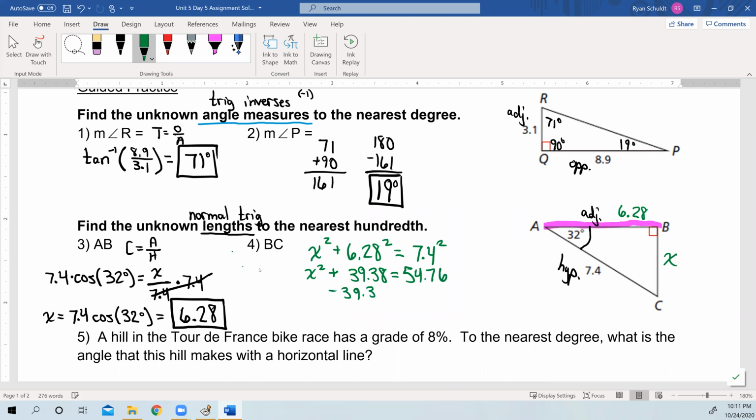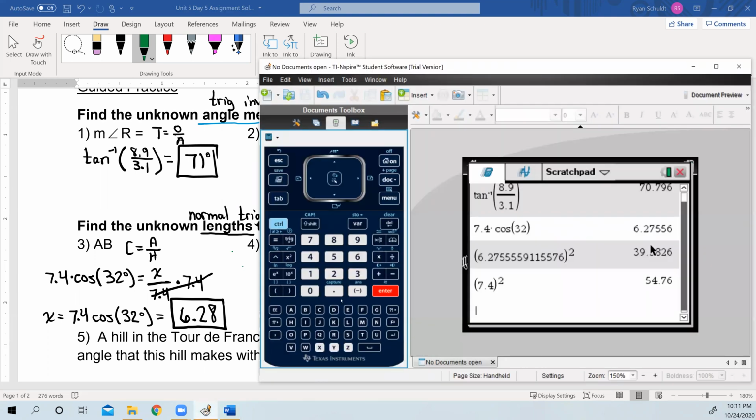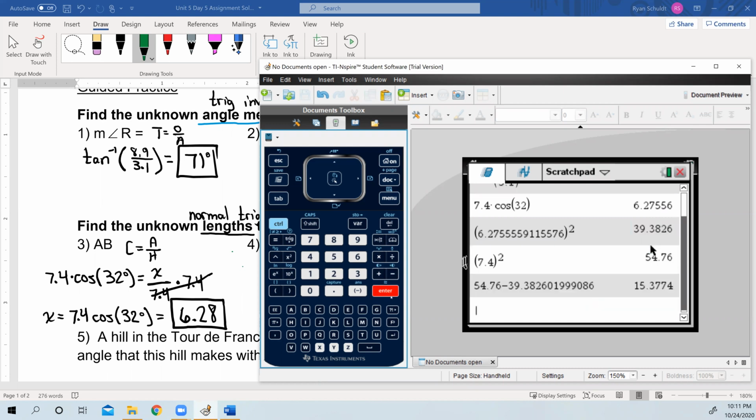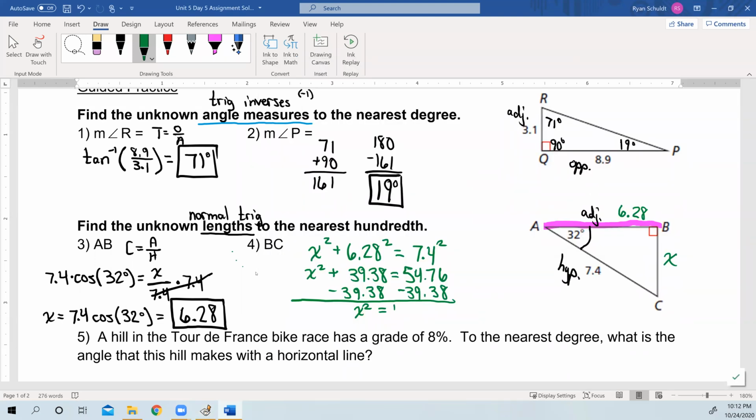Subtract these. You get x squared equals, let's see, 54.76 minus, I'm going to go up and grab my 39 number. So 15.38. Take the square root.